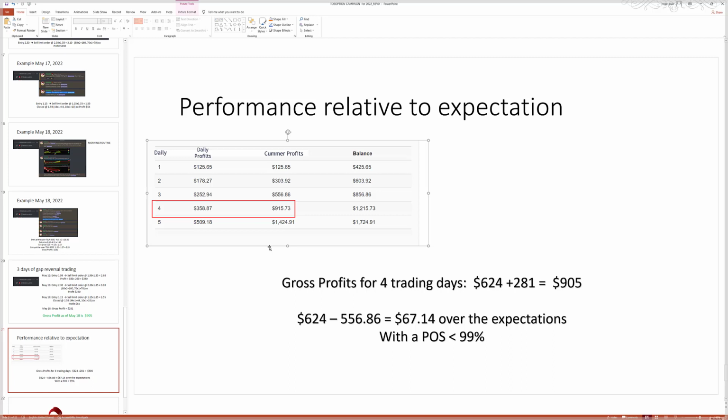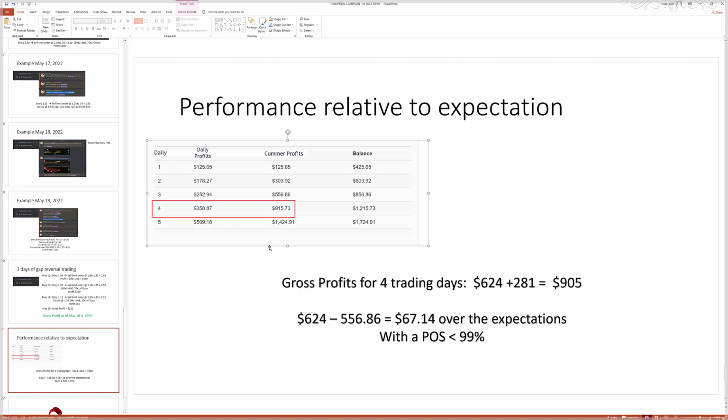We want to get those contracts as cheap as possible, and then let that morning volatility move the money into our accounts. Okay, and then you want to open up not just one contract, you want to open up at least 2 to 3.